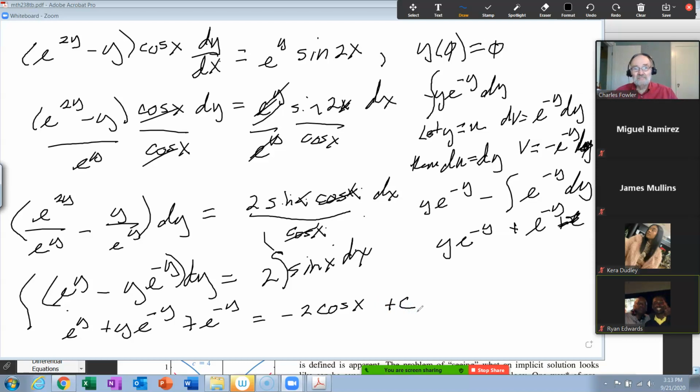Now, our initial condition that y of 0 is equal to 0 means for x equals 0, y is equal to 0.